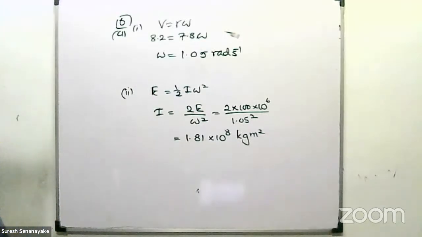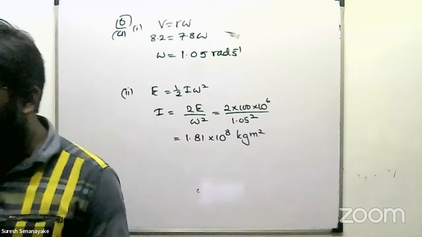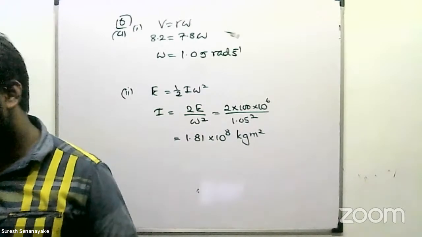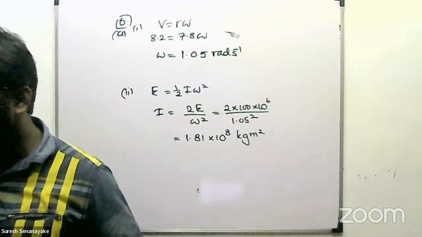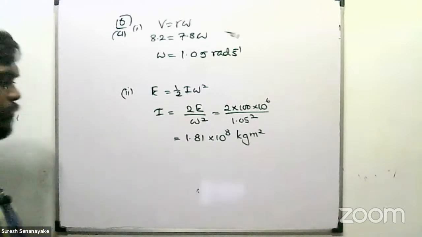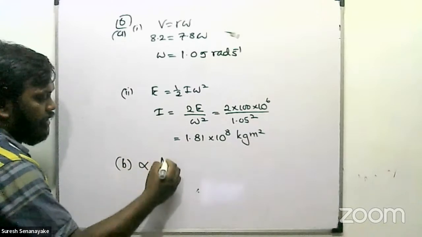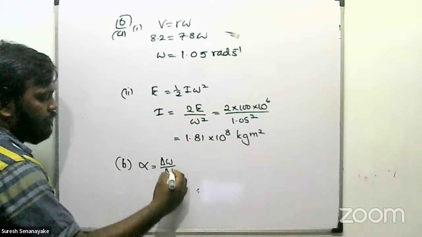Then next, part B. Starting from rest, it takes 42 seconds for the turbine to reach the angular velocity above. Calculate the torque acting on the turbine. Then alpha you can write as change in angular velocity divided by the time.